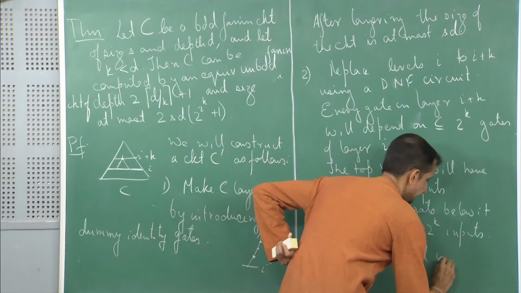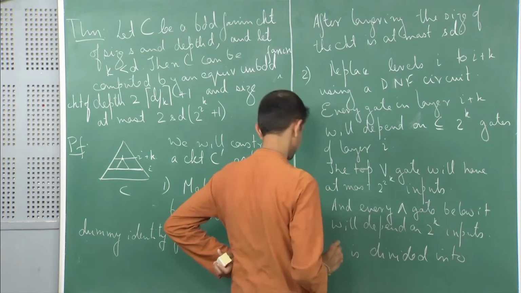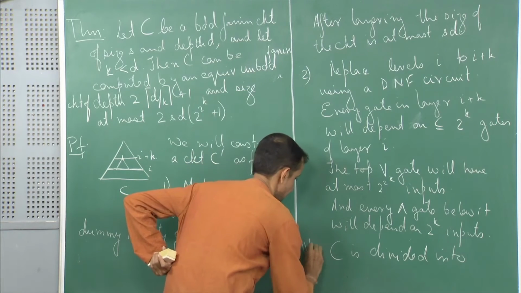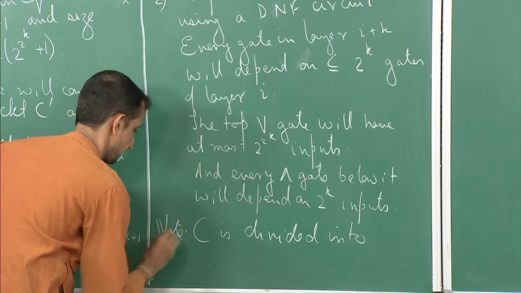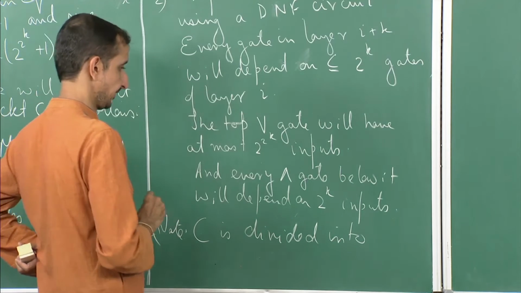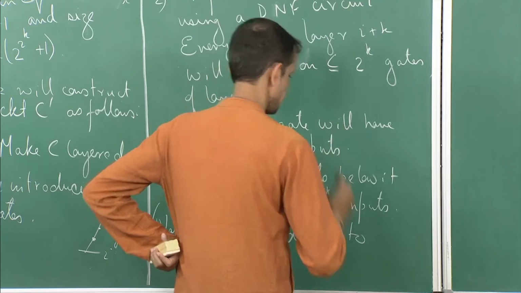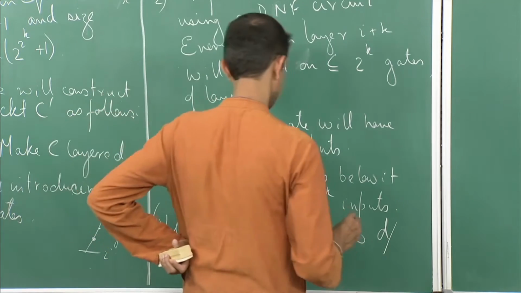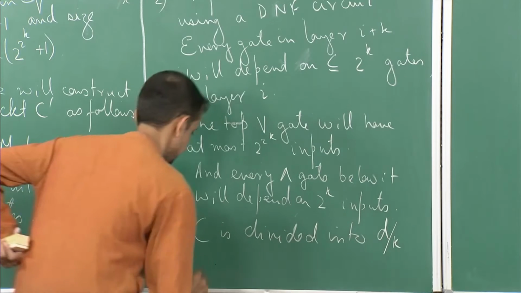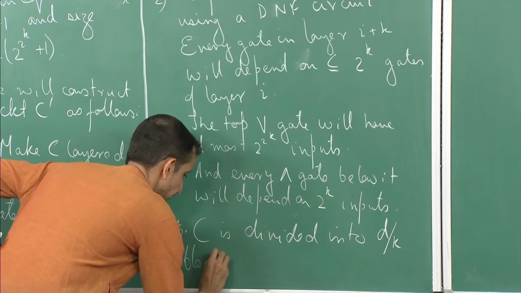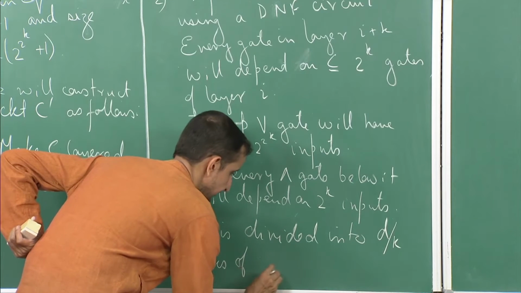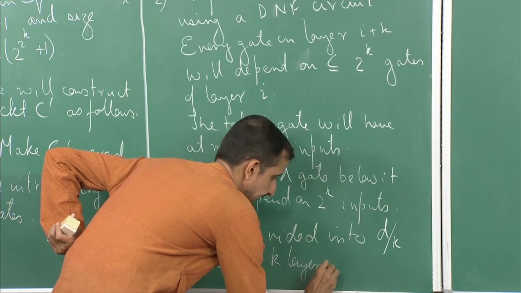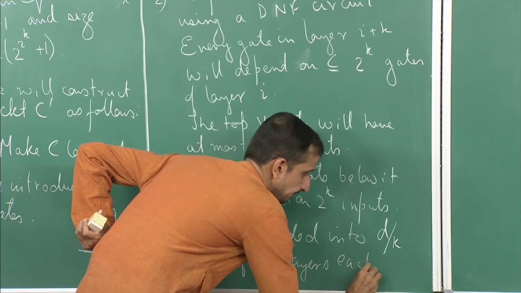C is divided into D by K blocks of K layers each. In fact this is not a tree exactly, let me write this as a note.